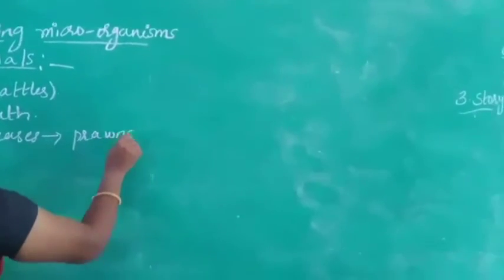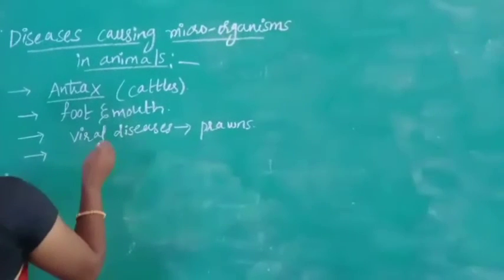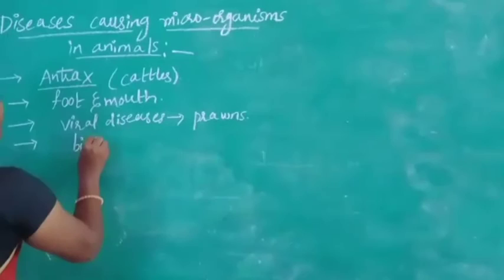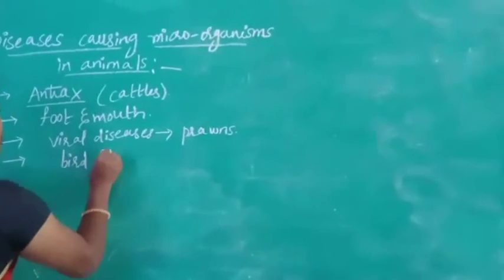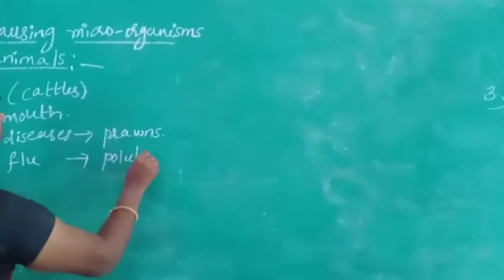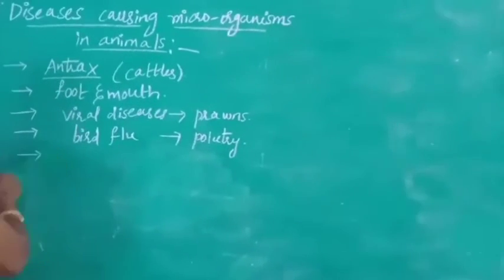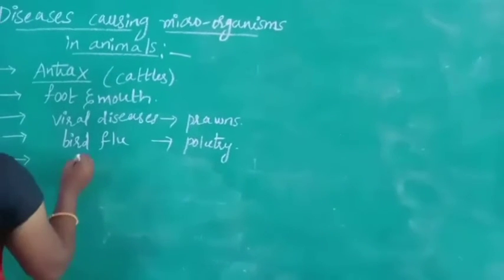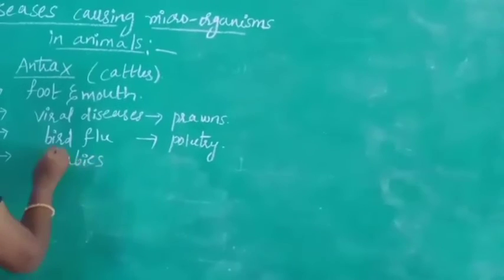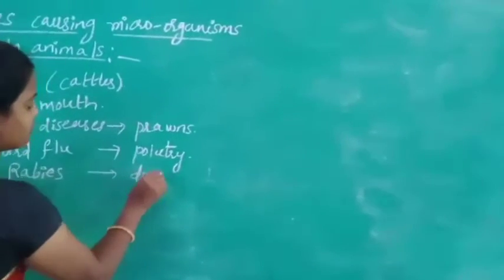Viral diseases we can observe in the case of prawns. Next, the bird flu disease, which we can observe in poultry. Next, the rabies disease, which we can observe in the case of dogs.